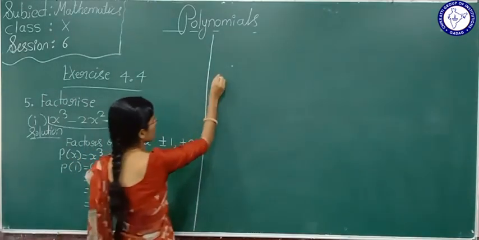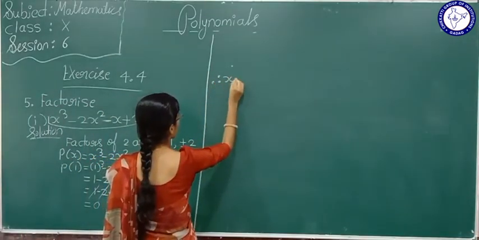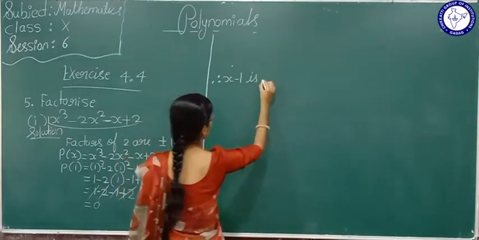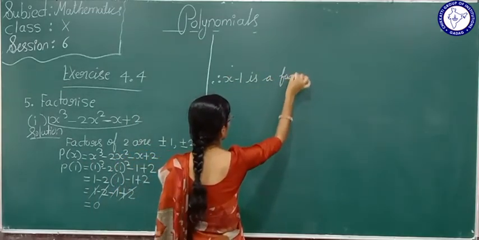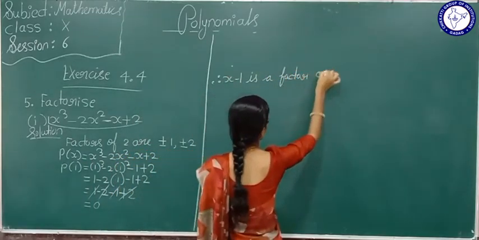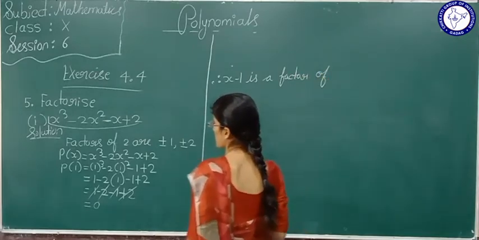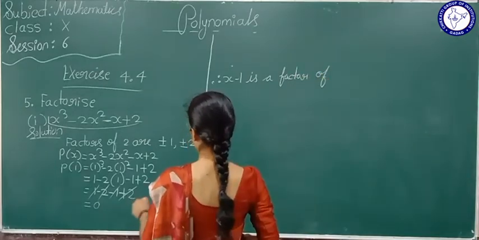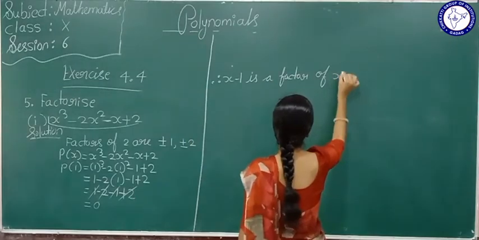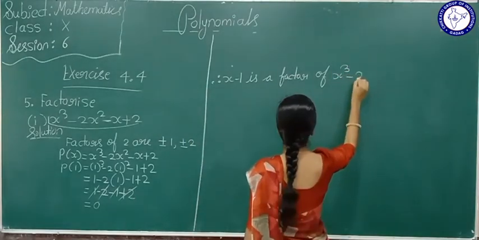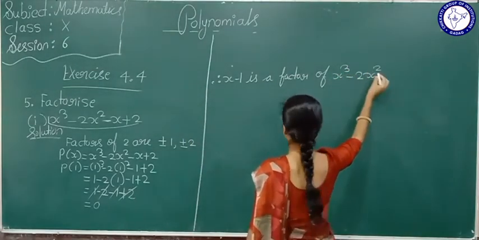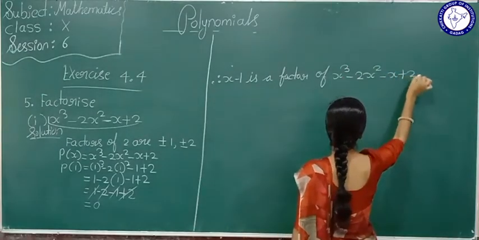Therefore, what can we tell? Therefore, x minus 1 is a factor of x cube minus 2x square minus x plus 2.